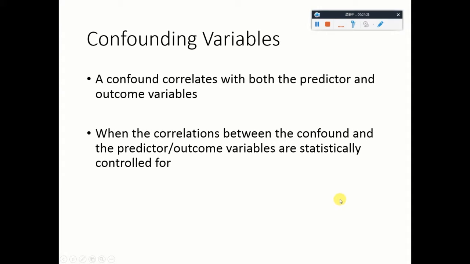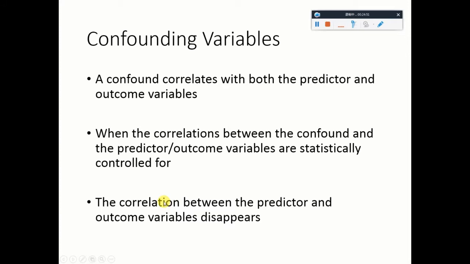The second criterion of identifying a variable as a confound is when the correlations between the confound and the predictor and outcome variables are statistically controlled for. We'll explain what this means, right? But for now, just learn this by heart.